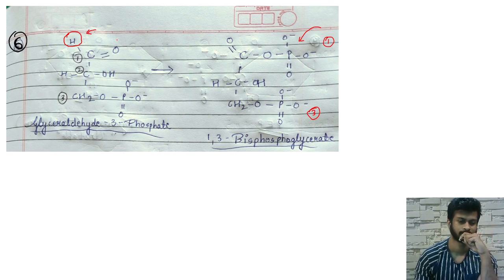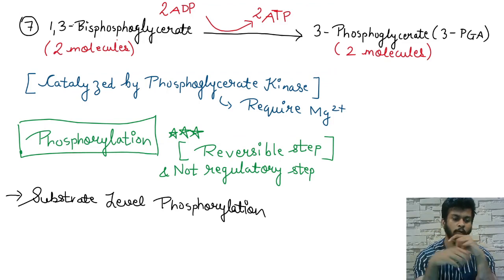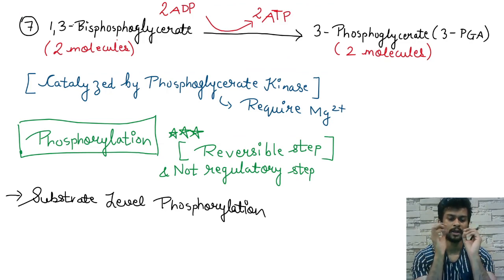Okay, next, two molecules of 1,3-bisphosphoglycerate will be converted into two molecules of 3-phosphoglycerate. Two ATPs will be formed in this process, which we will study when we study the structure in the next slide. It is catalyzed by an enzyme phosphoglycerate kinase, which requires magnesium ions to function efficiently. This step is phosphorylation.